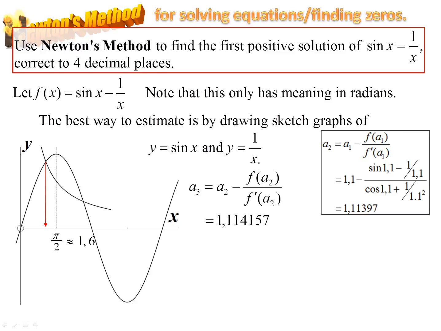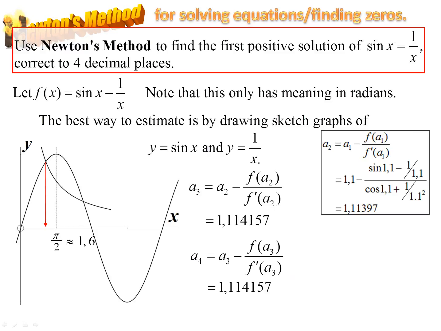Now I'm going to find a4. I'm going to say a4 equals a3 minus f of a3 over f prime of a3. And when I do that, I end up with 1.114157, and that rings a bell. Have a look here. We've hit the same answer. However many more times we try to substitute, we're going to get that answer.